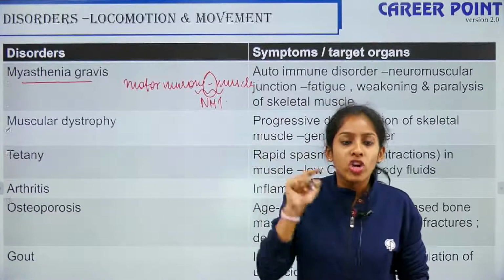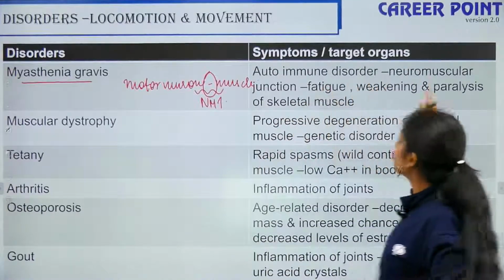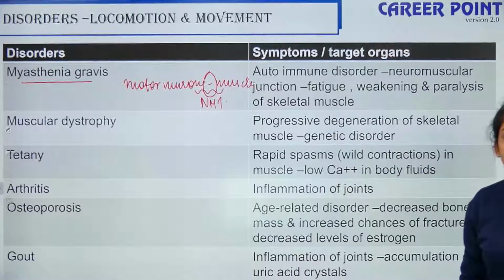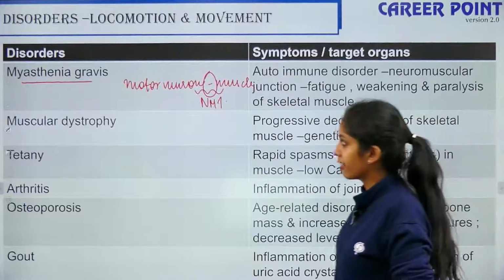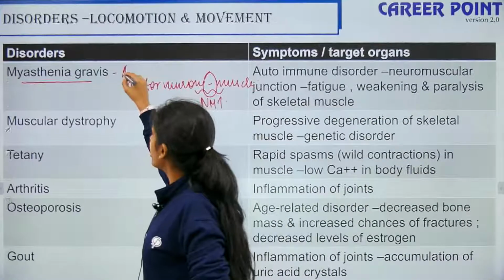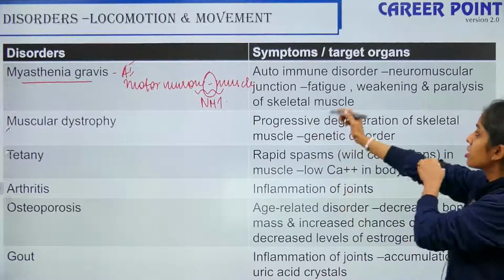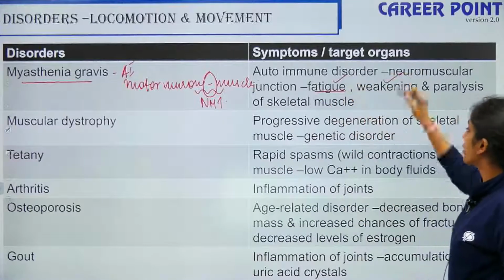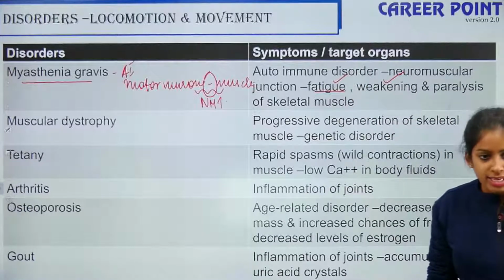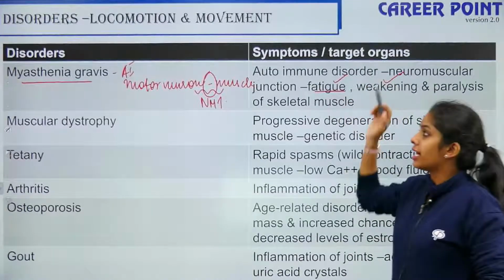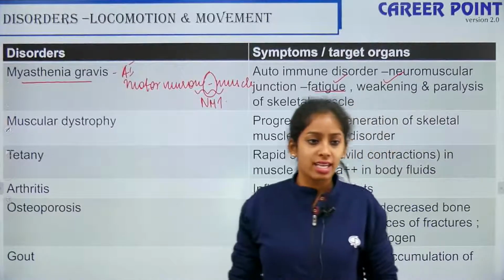Your own immune cells will attack this neuromuscular junction, and that disease is known as myasthenia gravis. It is a type of autoimmune disorder. This causes fatigue, weakness and paralysis of the skeletal muscle. All these are the symptoms of myasthenia gravis.